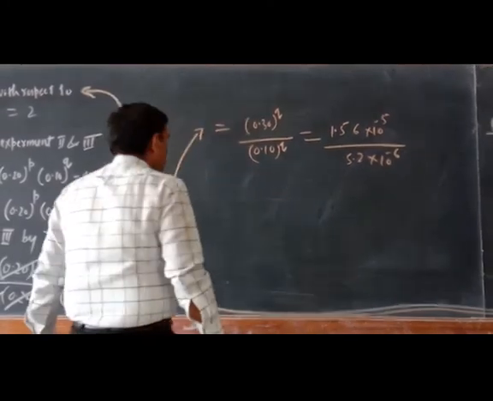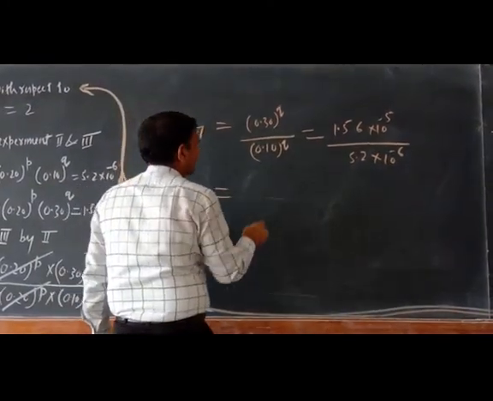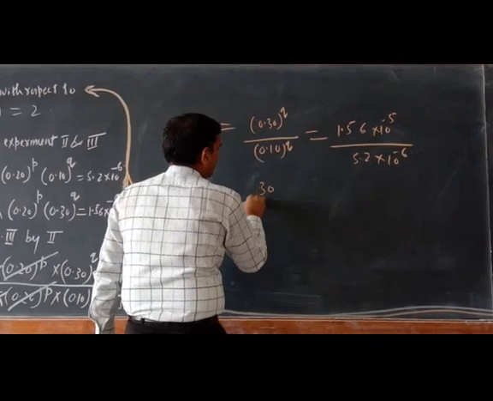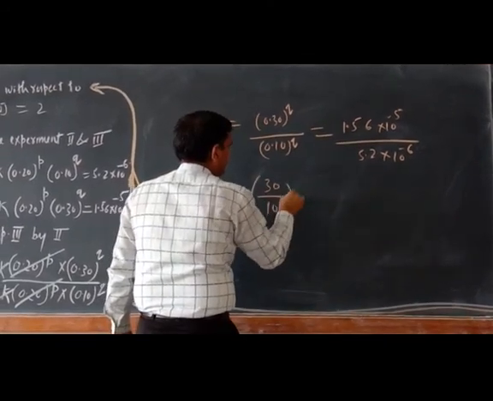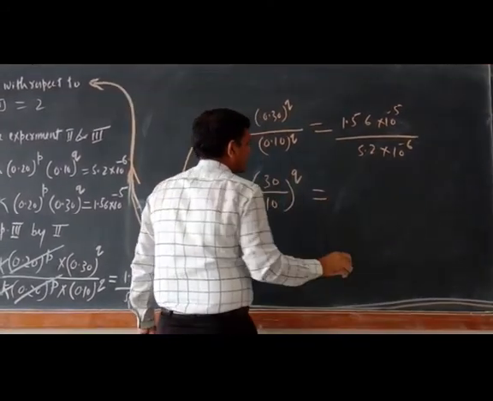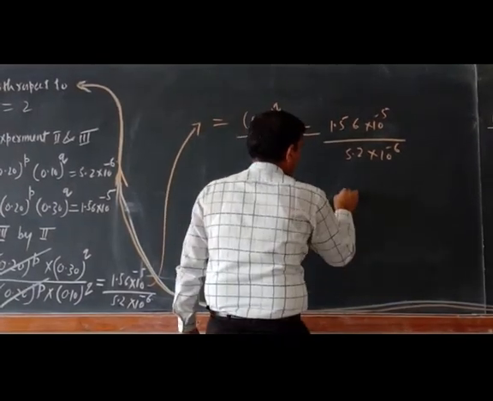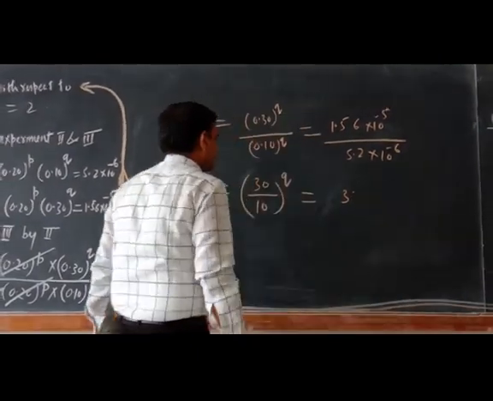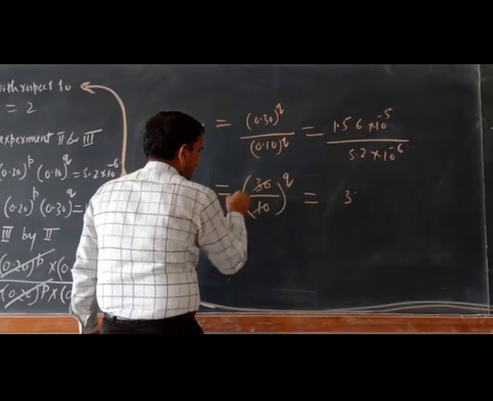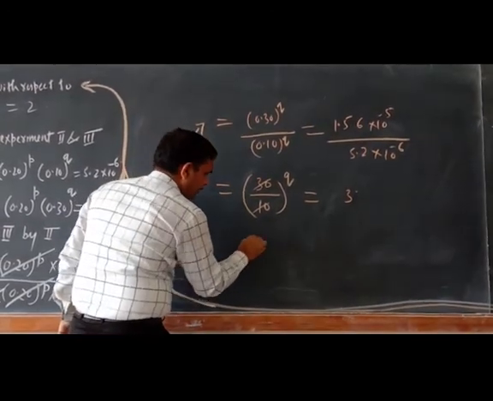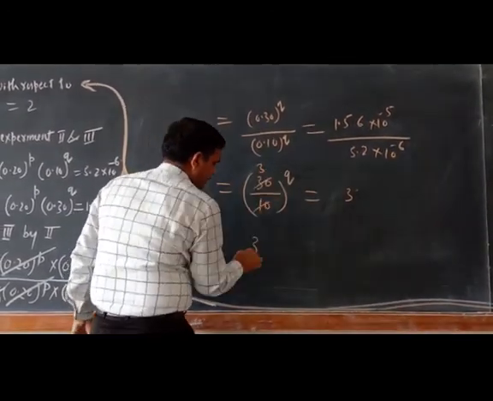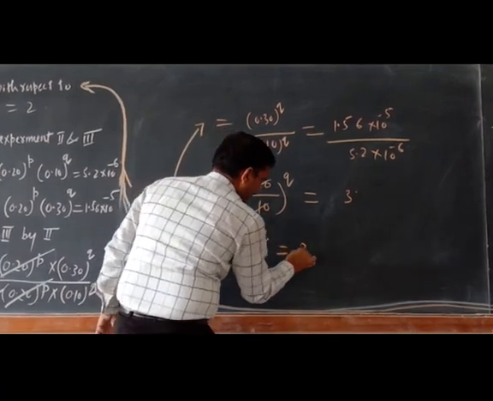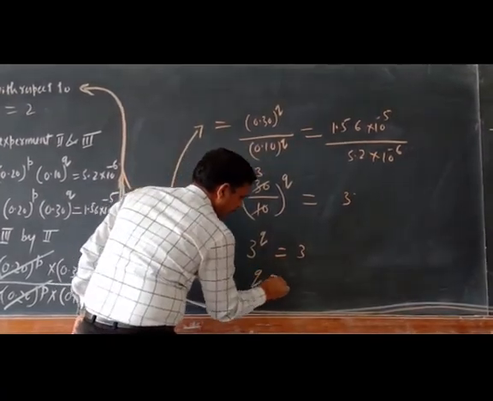So here we can write this one, 30 by 10 cube, that is equal to 3. So 3 cube equal to 3. So the cube equal to 1.